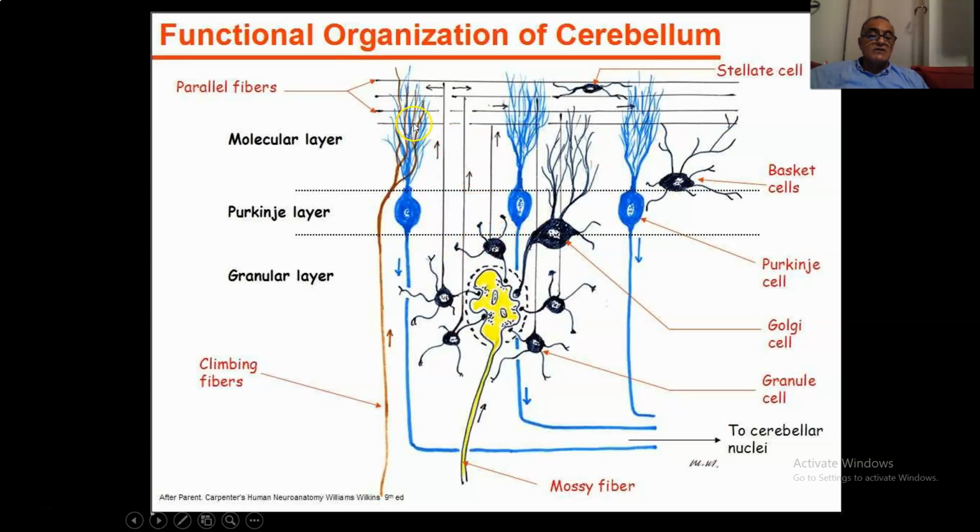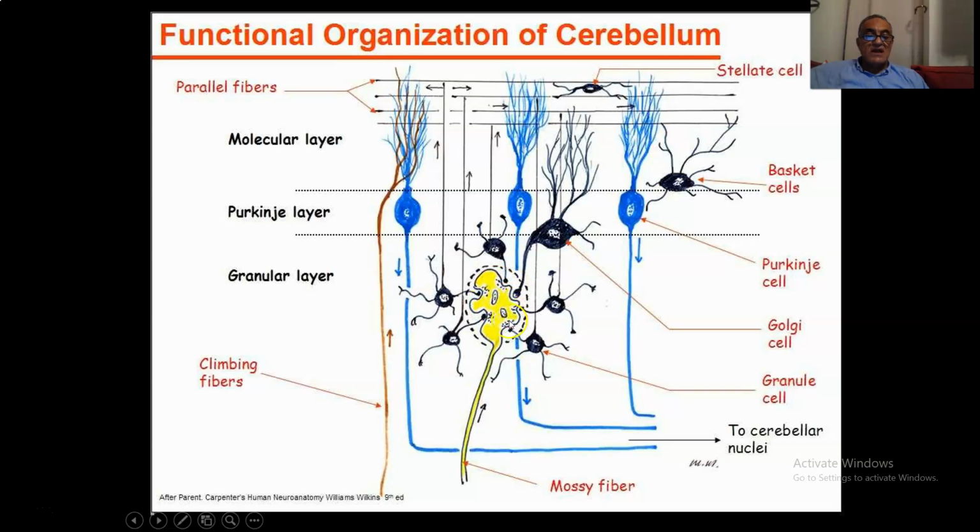The molecular layer contains the dendrites of the Purkinje cell, which is present in the Purkinje layer. The molecular layer contains the dendrites of the Purkinje cells, and the granular layer contains the axons of the Purkinje cells going on their way to the dentate nucleus, and it contains also some granule cells and Golgi cells, and from these granule cells the name was derived.